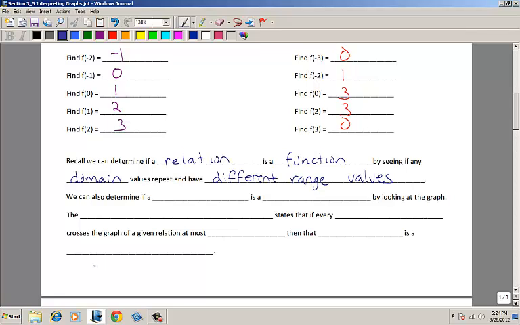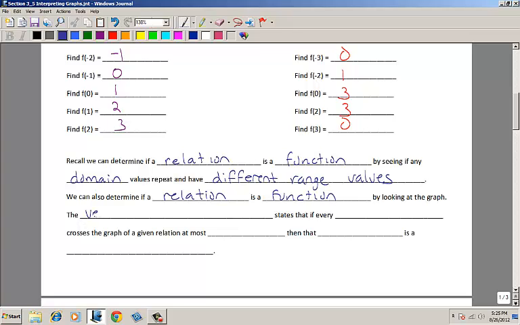Recall our example with a $145 ticket being linked to both Oregon and Utah, and that would make it not a function, right? We can determine if a relation is a function by looking at its graph as well.